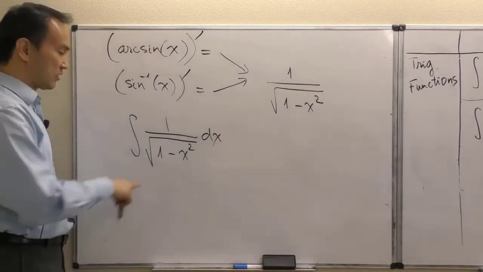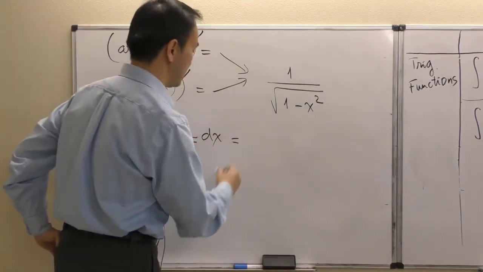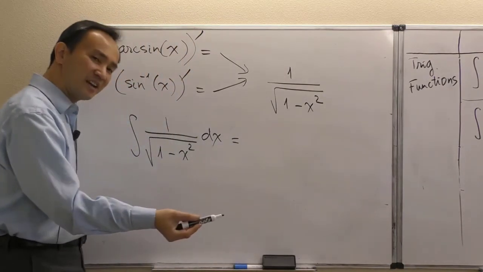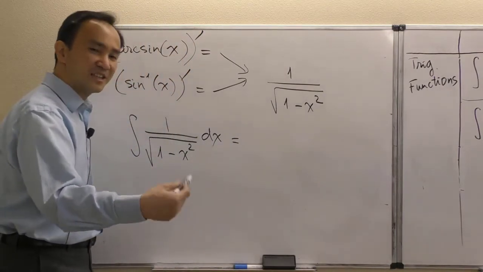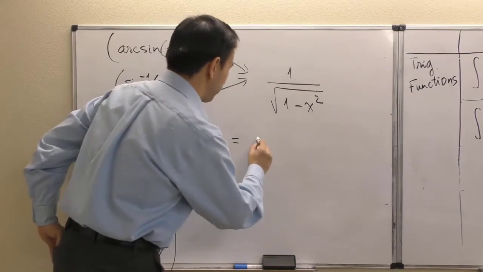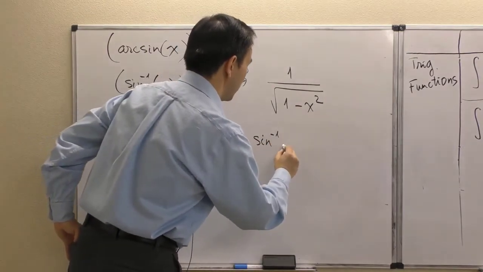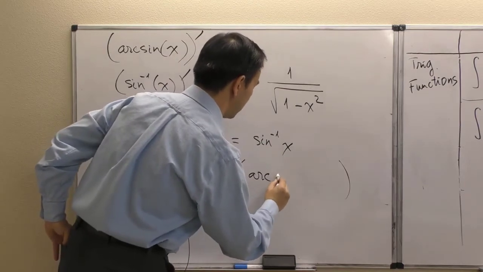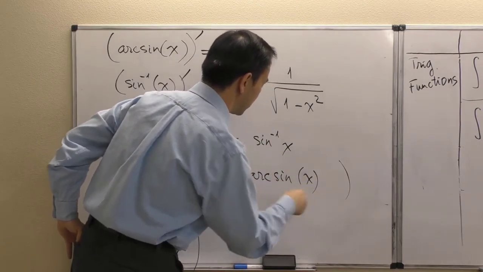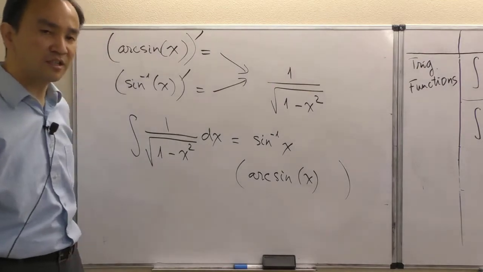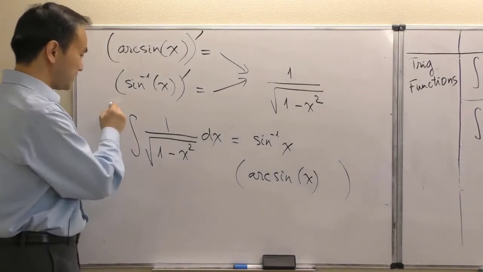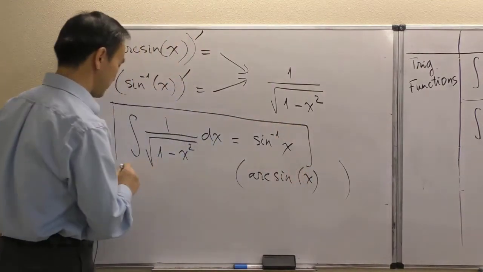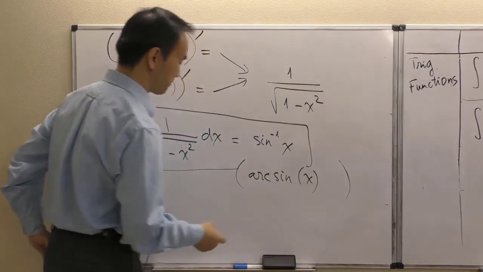Finding the antiderivative of that function will simply be, and we can treat that here at the beginning of the journey as a formula, sine inverse of x. Or you can alternatively call this arcsine of x. So now it's another formula that's worth our attention.